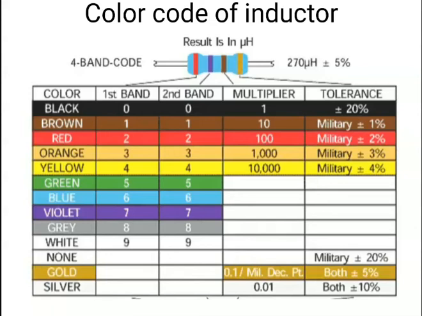That's the only difference, the rest is the same. You can see black, brown, red, orange, yellow, starting from 0, 1, 2, 3, 4, and till white we have 9. Let us see how to calculate the value of the inductor using the color code.